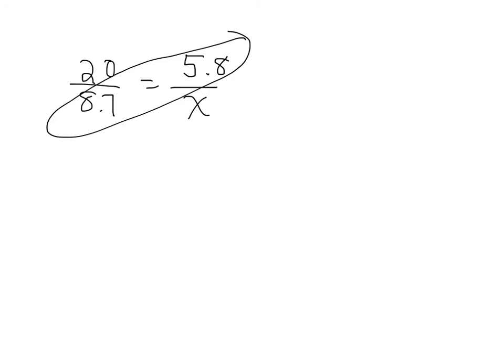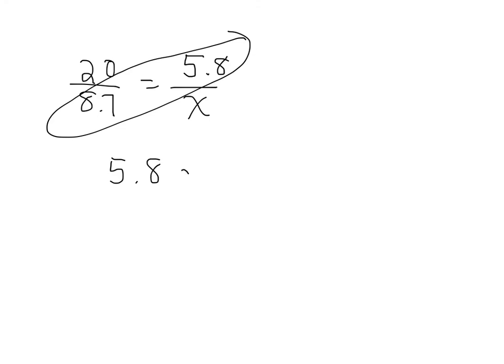So let's say 20 is to 8.7 as 5.8 is to some number, and that's how you read these proportions. Again, in our calculators, the two numbers that we multiply are 5.8 and 8.7, so 5.8 times 8.7 equals 50.46.